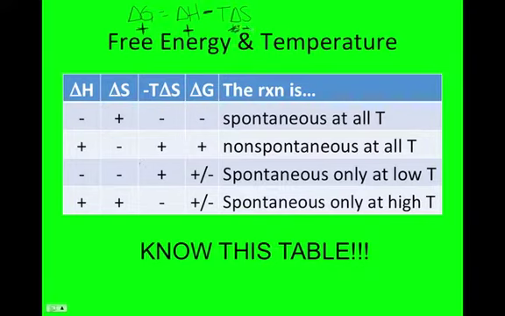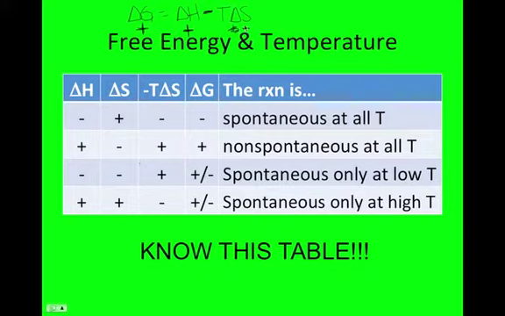And just a refresher on what each of these means. Delta G determines spontaneity. Delta H determines whether or not your reaction is endothermic or exothermic. A positive delta H is endothermic, a negative delta H is exothermic. And delta S is a measurement of the disorder of a system. If delta S is positive, then the disorder has increased.